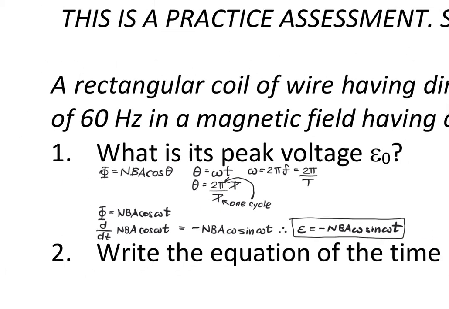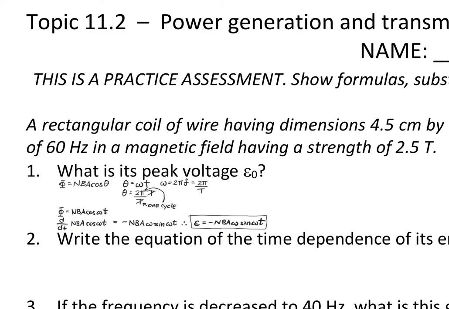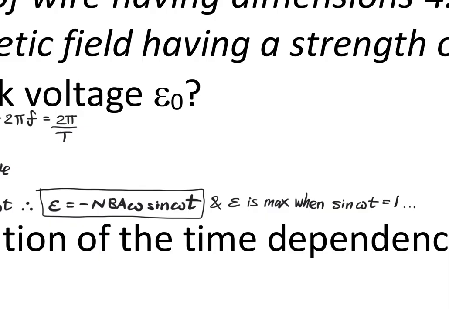And now what it's asking for, it's not asking for EMF, it's asking for peak EMF. And that EMF is at a maximum when the sine of omega t is 1 instead of 0.